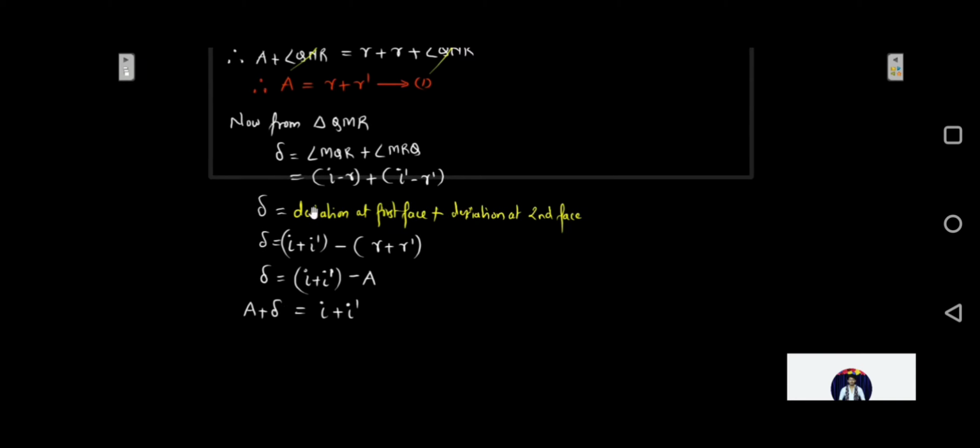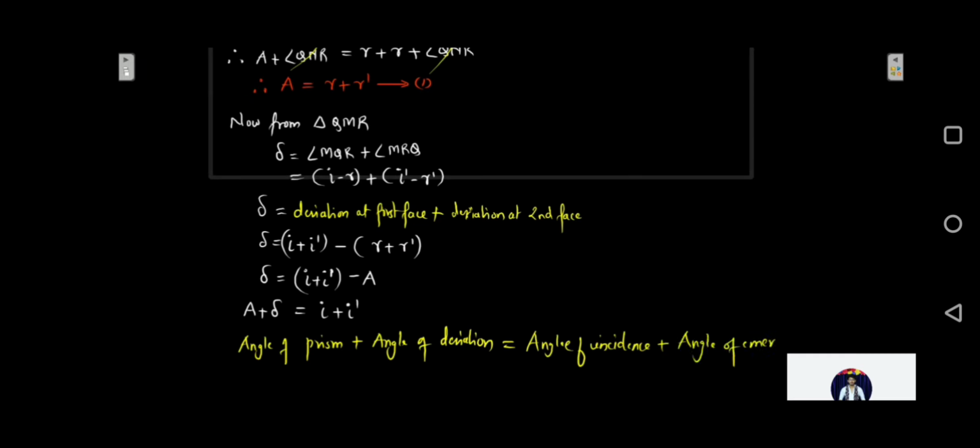So what can I say from here? The angle of prism, that is angle A, plus the angle of deviation is equal to the angle of incidence plus the angle of emergence, because I dash is the angle of emergence, the angle that the ray makes while emerging out of the prism.